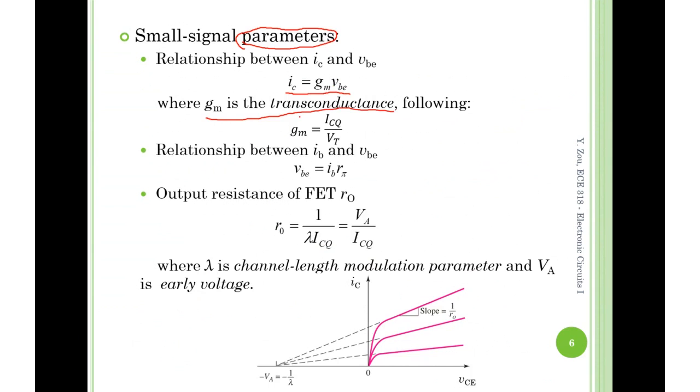This is not a new term. How do we calculate gm? gm equals ICQ divided by VT. So what is ICQ? Anyone know? What is ICQ?